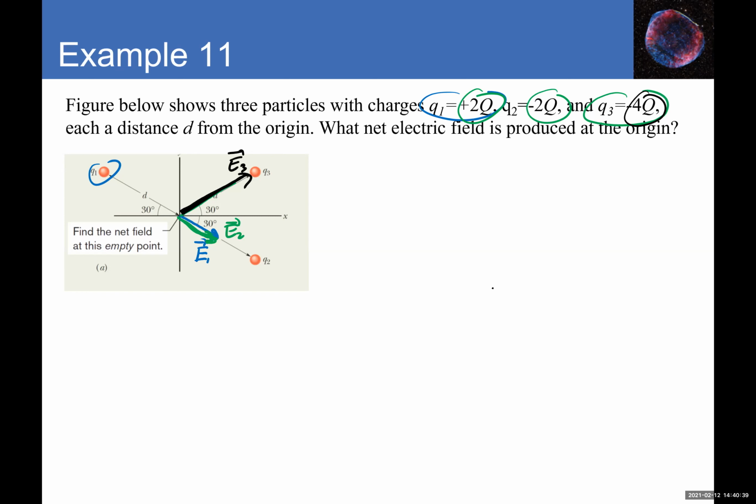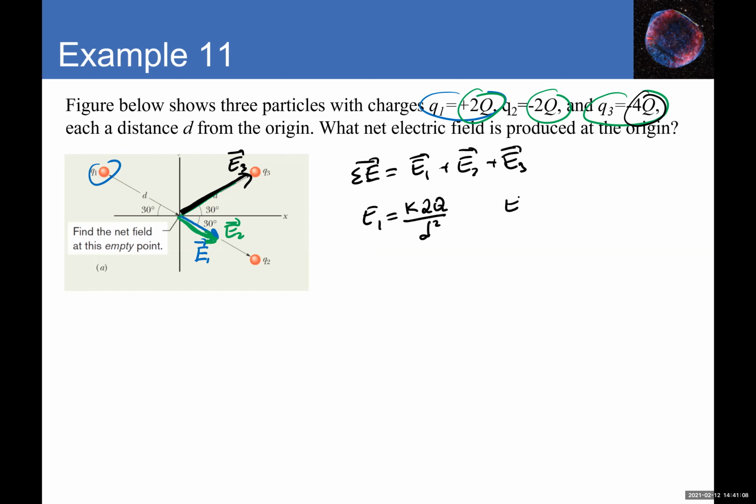Now what I do here is find the net electric field, which is electric field 1 plus electric field 2 plus electric field 3. Here's one thing I can do. Electric field 1 is K times 2Q, because that's KQ over r squared, so K times 2Q over d squared.